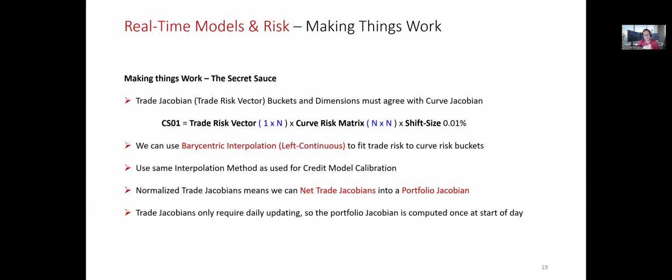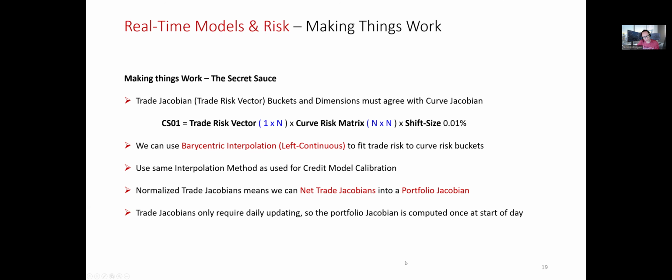Now, these trade Jacobians only need to be updated once a day. So the portfolio Jacobian, all these trade Jacobians, could be computed once a day at the start of the day, or if you prefer at the end of the previous day. You sum them all up, store it all down, and then just reuse it throughout the day. So once we do that, then we have our trade Jacobian.